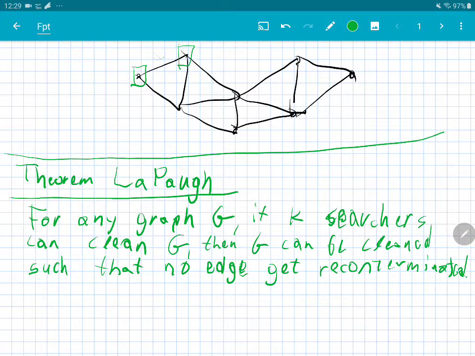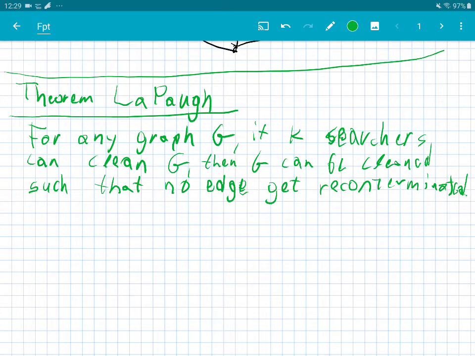It says that recontamination doesn't help. Namely, if you can clear the graph with k guards, then you can clear it in such a way that no edge gets recontaminated, right? Which is a very useful property. It really means that it's a kind of a monotone process. You're cleaning the edges in a monotone process, and you don't have to worry about it, which is a useful property.